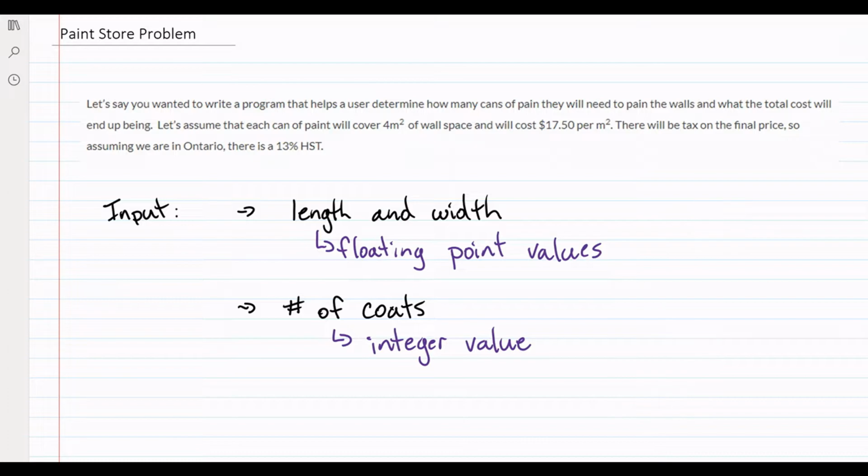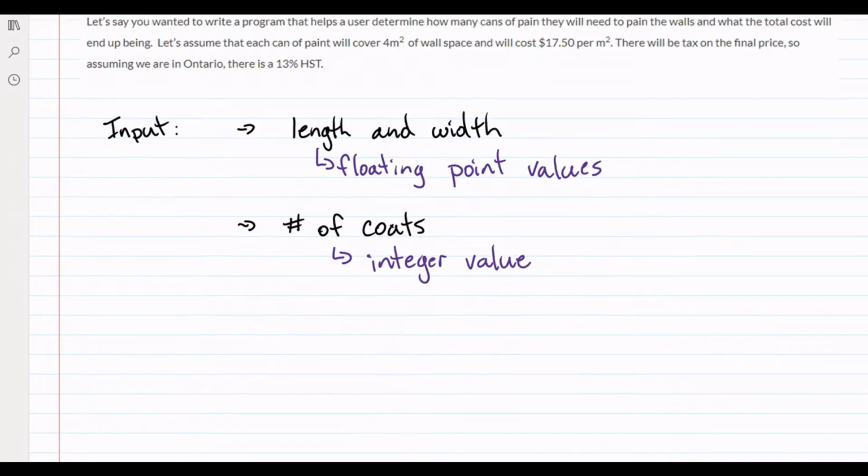Now, for the processing section, this is where we would figure out what kind of formulas we might need in order to actually solve the problem. We're given information about the area that a can of paint covers, which is 4 meters squared.